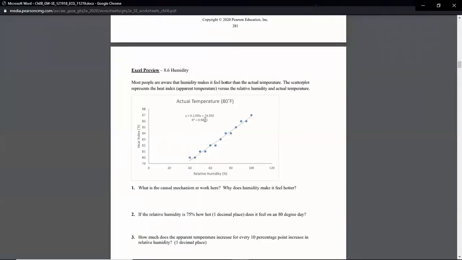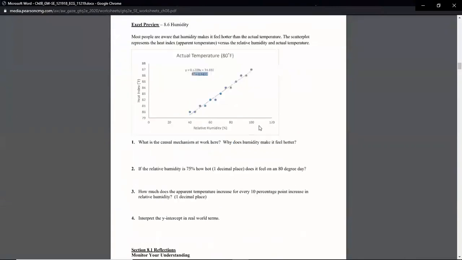And this has a 98% coefficient of linear determination, a 98% R squared, which means 98% of the change in heat index correlates to the change in the relative humidity.